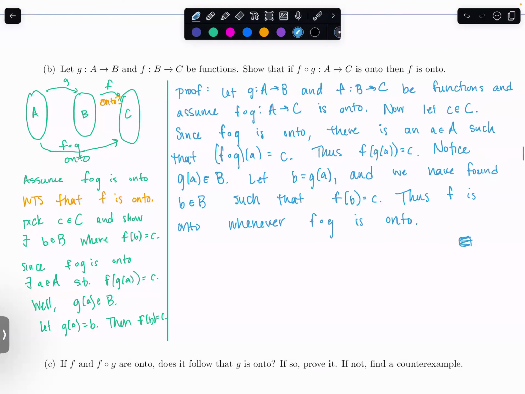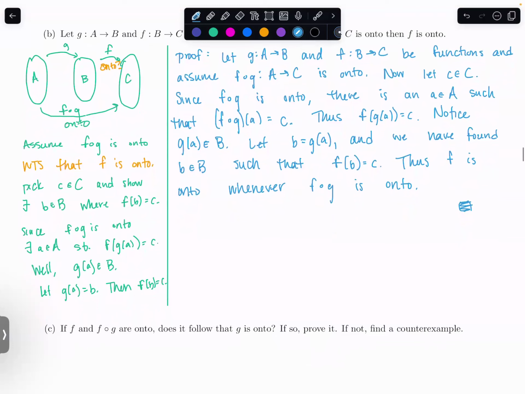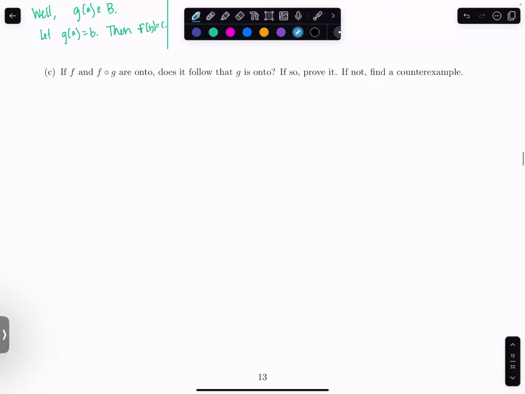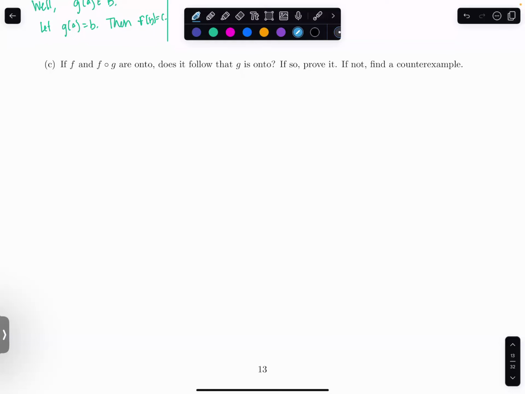All right. Moving on. If f and f of g are onto, does it follow that g is onto? So prove it. If not, find a counterexample.